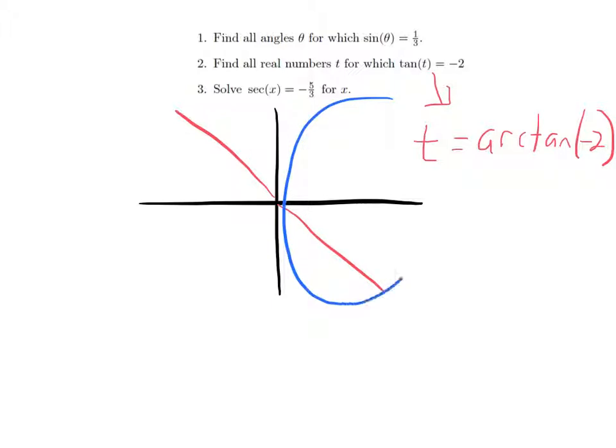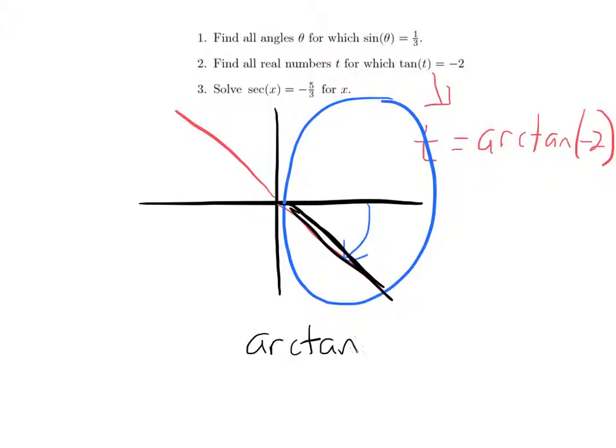So where is this? Arctangent will give you an answer somewhere in here. So it'll actually give us this value. The calculator will give us a negative number, and to go from that negative number to all solutions representing this, basically we would have t equals arctangent of -2. Now we want to generate all of those.